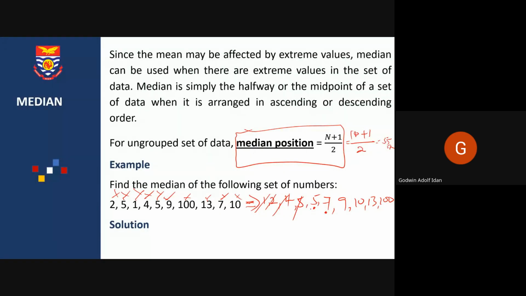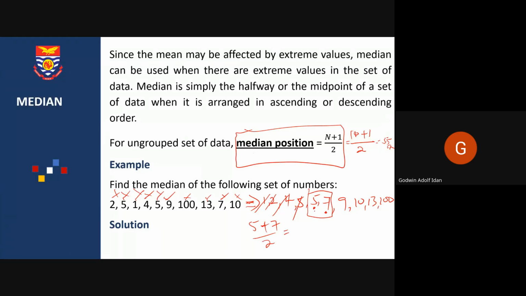Normally, if we compute the median for an even distribution, it means that we are going to add the middle values and then divide by 2. So once it is 5.5, it means that after the 5th observation, we are going to see the median. So we add the 5 to the 7 and divide by 2.